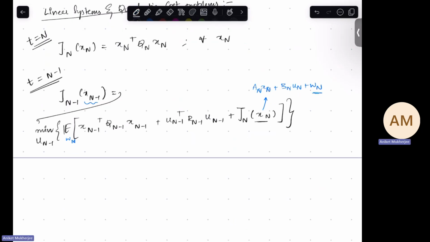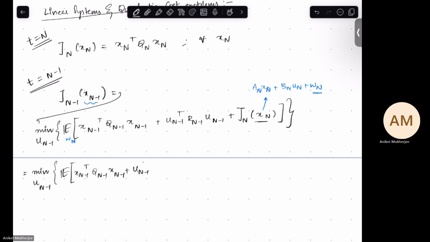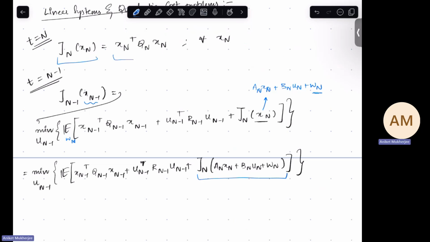So this becomes min over un minus 1 of the expectation of xn minus 1 transpose Qn minus 1 xn minus 1 plus un minus 1 transpose Rn minus 1 un minus 1 plus Jn of An xn plus Bn un plus w. But what do we know about Jn of any function? Jn(xn) is of this form, right? So we'll replace this here.